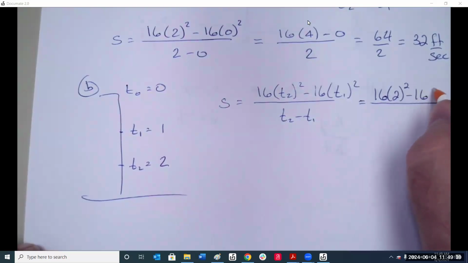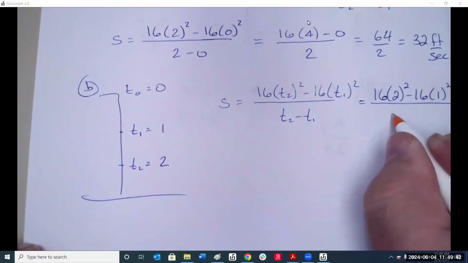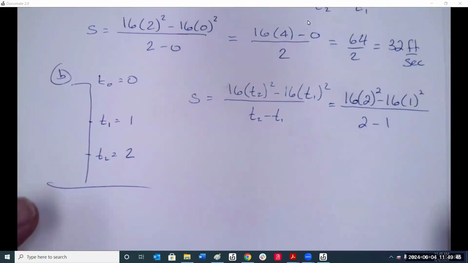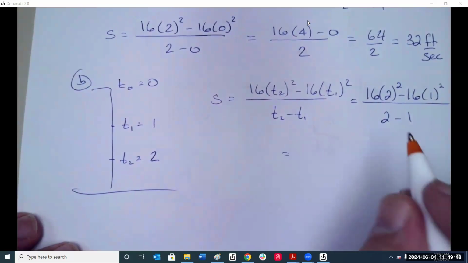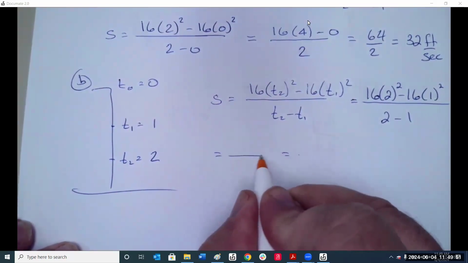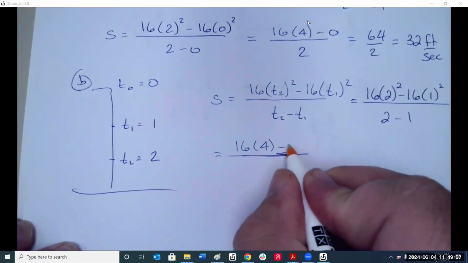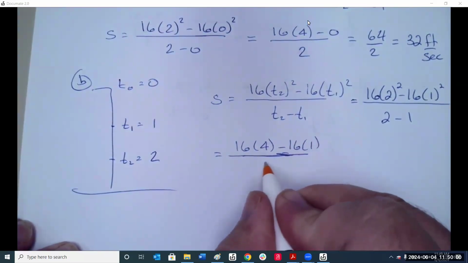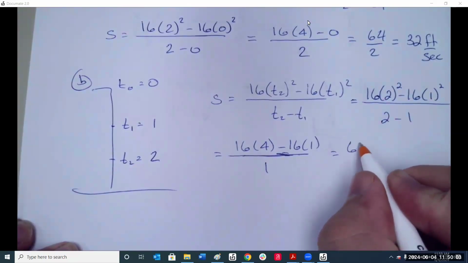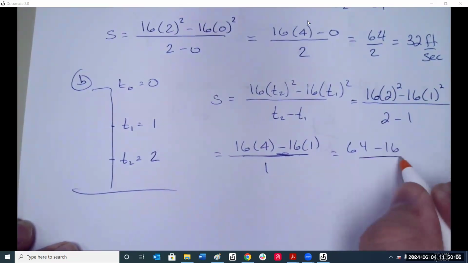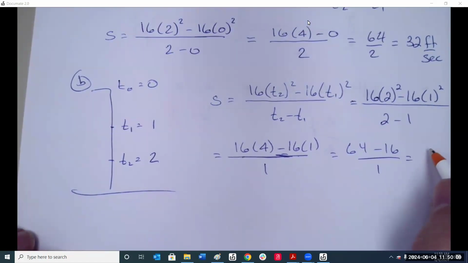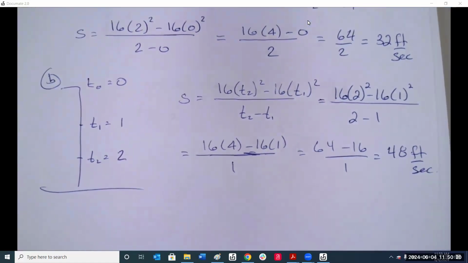That's 16 times 2 squared minus 16 times 1 squared, over 2 minus 1. 16 times 4 minus 16 times 1, that's 64 minus 16 over 1, which is 48 feet per second.